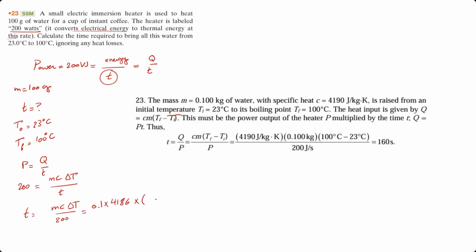Delta T is the change in temperature. We're going from 23 to 100. And the power rating is 200. I'll substitute that. You can solve for the time. You'll get 160 seconds, which is a bit less than 3 minutes to heat up 100 grams of water using this heater. Any questions?